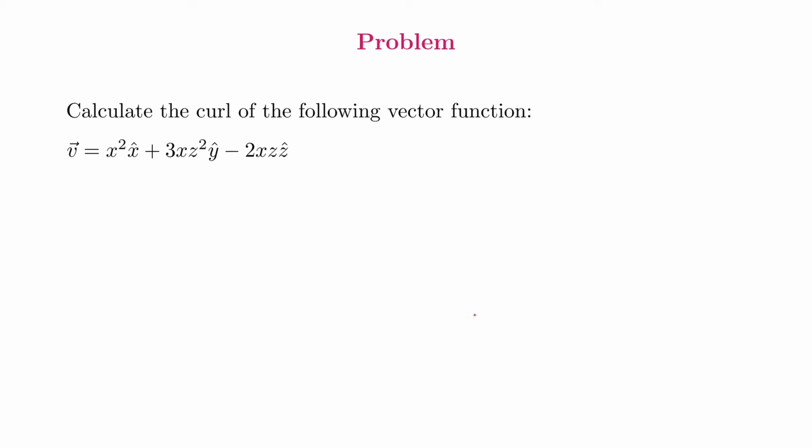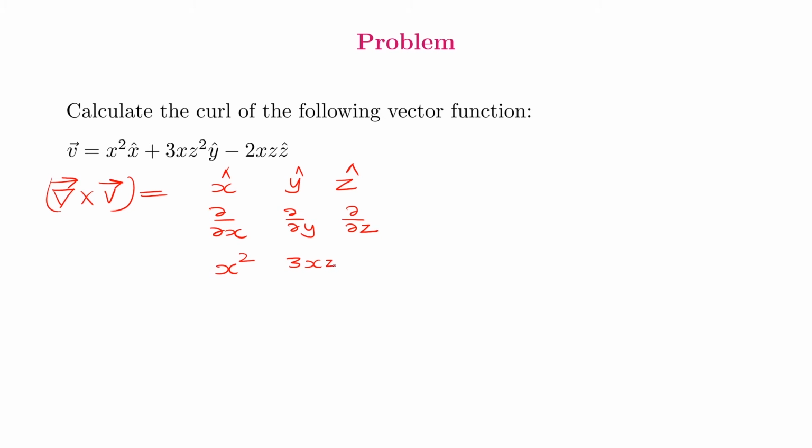Now let's try to calculate the curl of the following vector function. The curl is defined as del cross V equal to the determinant of x hat, y hat, z hat; dou by dou x, dou by dou y, and dou by dou z; x square, 3xz square, and minus 2xz.